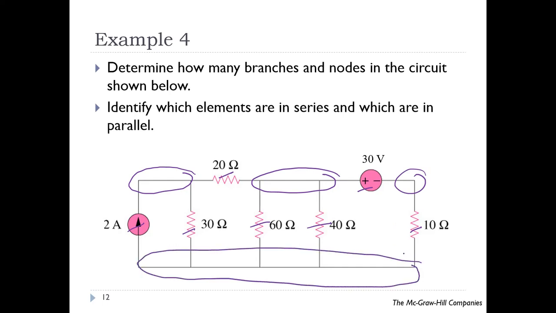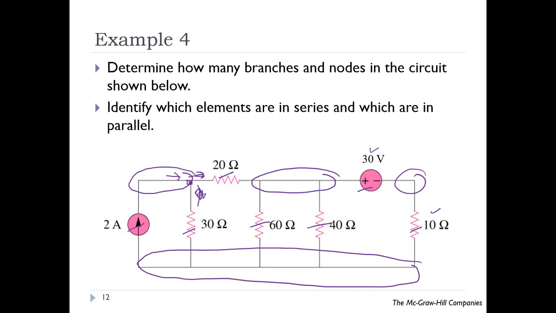The elements that are in series are the 30 volt and 10 ohm. 20 ohm and 30 ohm are not in series because if you check here, let's say you have a current here, once it reaches this node, it will split into two.